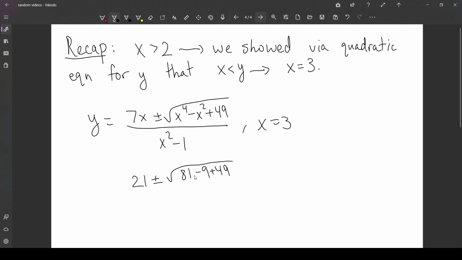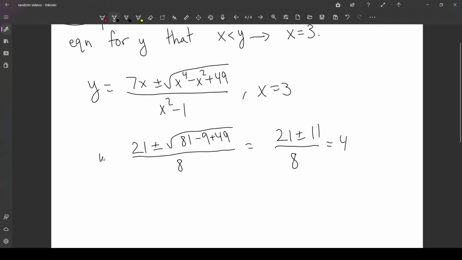This happens to equal 121, so we have the square root of 121, which is 11. On the bottom we have an 8, so we get 21 plus or minus 11 over 8. The minus gives us a non-integer solution, 10 over 8, but the plus gives you an integer solution of 4. And so we get a solution of 3 and 4. And by the symmetry of the equation, we also have the solution 4 and 3.